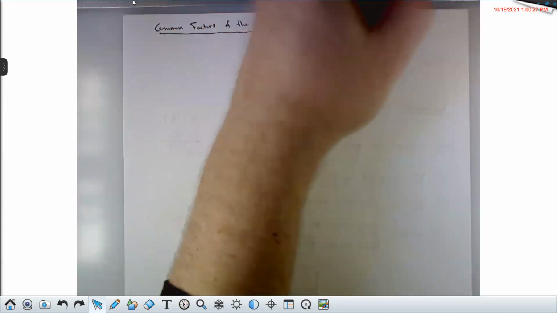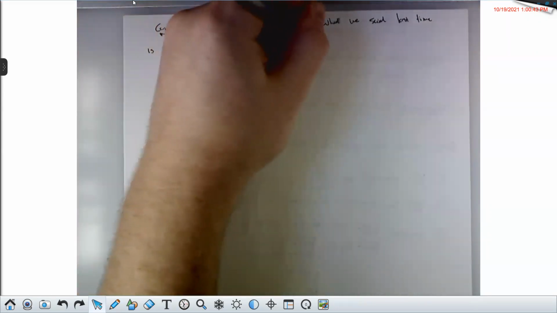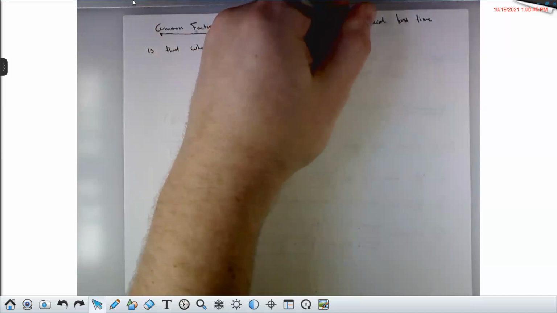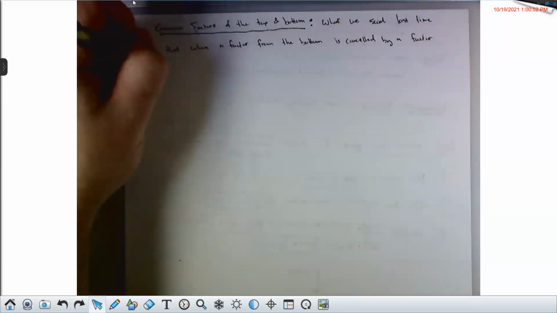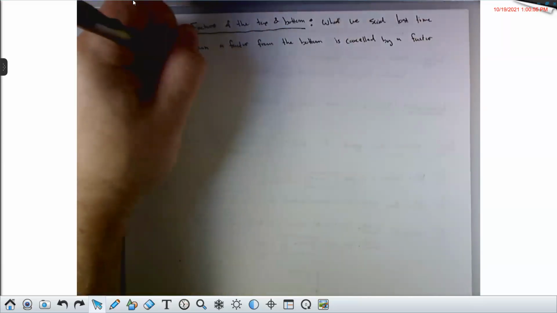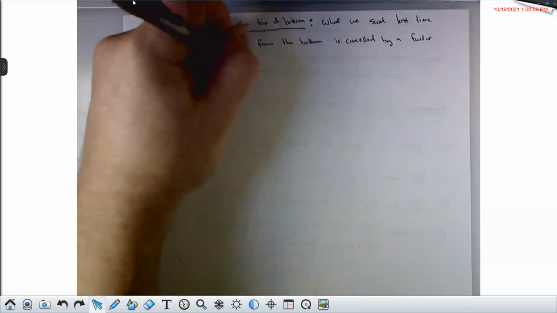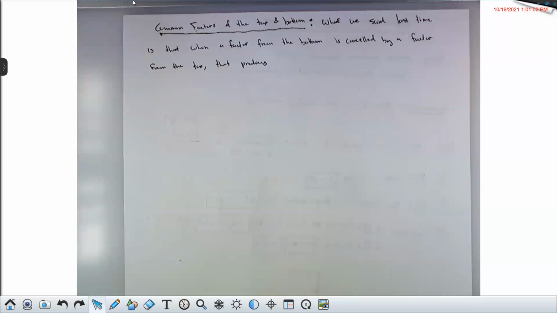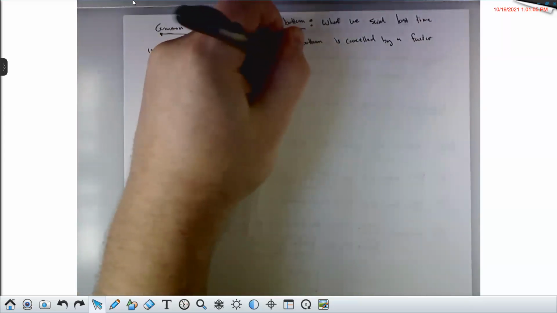So what we said before is that when a factor from the bottom is canceled by a factor from the top, that produces not a VA, not an x-intercept, but a hole in the graph.